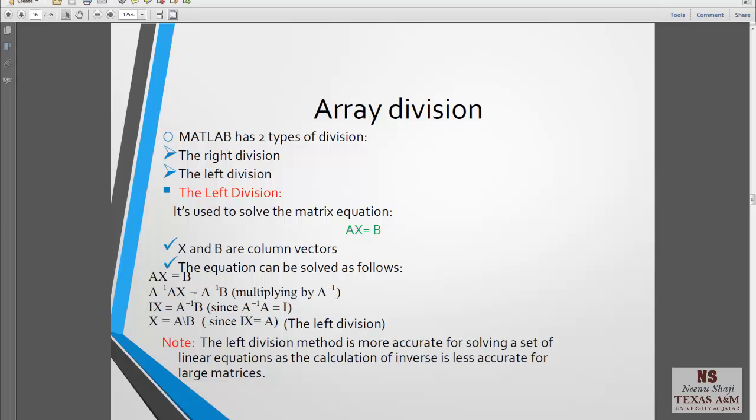You multiply with A inverse on both sides. You get I times x equals A inverse b, which is x is equal to A left division b. The left division method is more accurate for solving a set of linear equations, as the calculation of inverse is less accurate for large matrices.